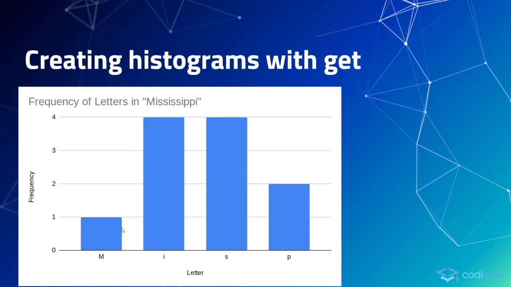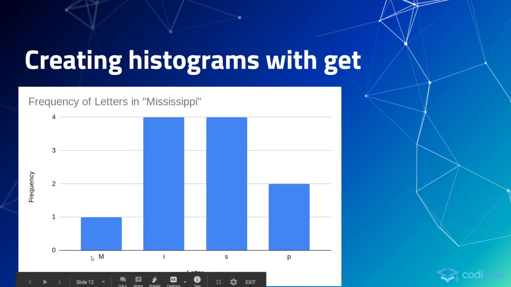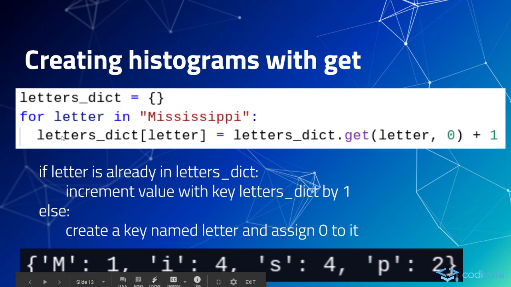What we're going to do is make a bunch of keys that will be our x-axis. So M will be a key, I will be a key, S will be a key, and P will also be a key. We are making the keys in this first part. We make the keys, letters_dict of the current letter.